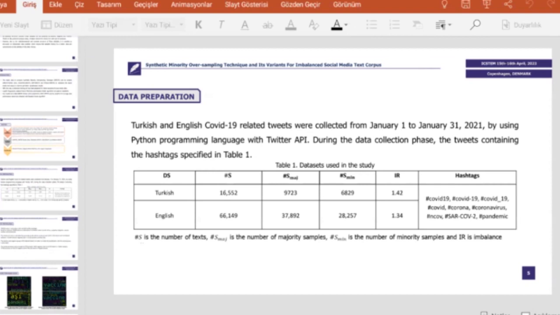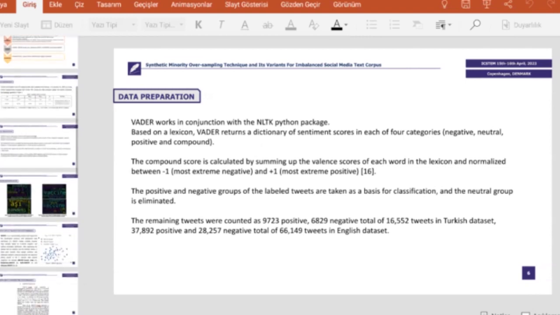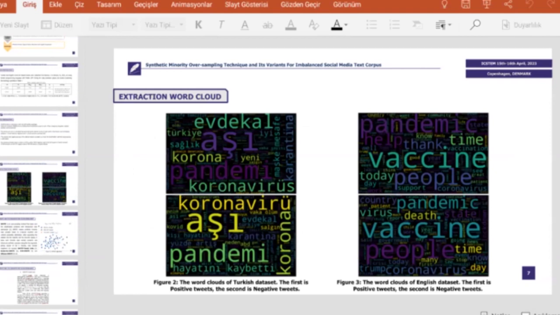Because of that, before passing to the rebalancing algorithms, we divided the tweets into two categories, as I said, positive tweets and negative tweets, with the help of the VADER natural language toolkit. After dividing the tweets into two categories, by using a word cloud we listed the most frequent words within the tweets.